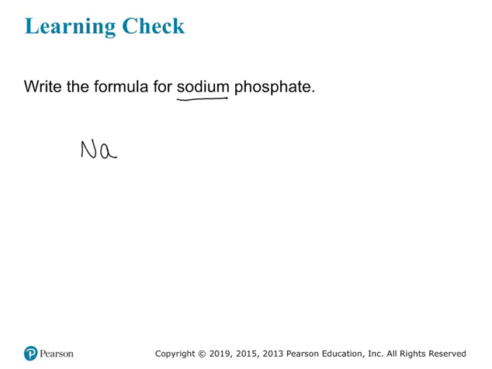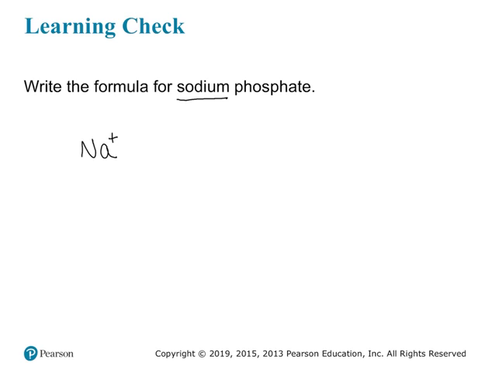And we know that this is an ionic compound. So what is the charge on sodium? +1. Remember, sodium's in group 1A, so its charge is +1 when it is an ion.